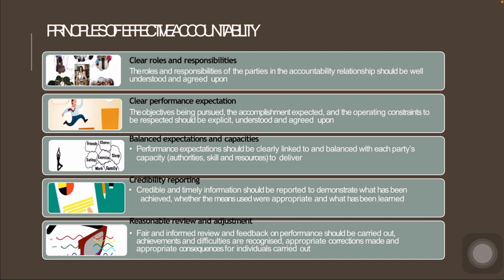Maksudnya contoh dalam satu organisasi tu dia ada 5 orang, maka dengan itu 5-5 perlulah tahu apakah tanggungjawab mereka, perlu tahu apa duty dia orang, so that tak ada redundancy, tak ada duplication in conducting their responsibilities.